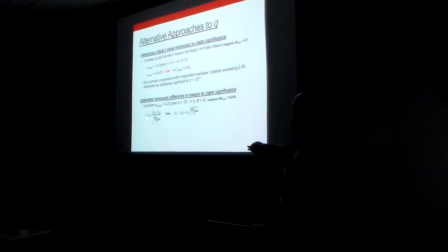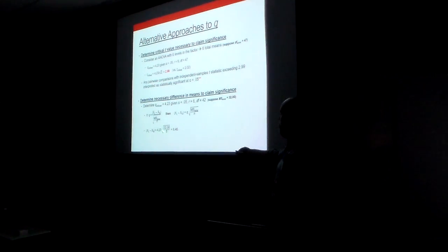So if my Q is mean 1 minus mean 2 over the square root of the mean squared error divided by my sample size or my cell size, then the difference in means that I need to achieve statistical significance, with a little bit of algebra, is going to be Q times the square root of the mean squared error over my cell size. So what's the difference that I need between means in order to achieve statistical significance?